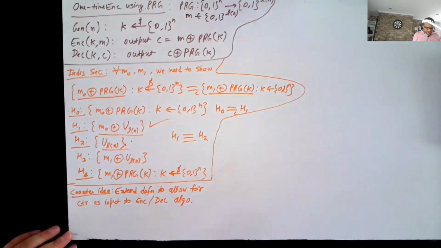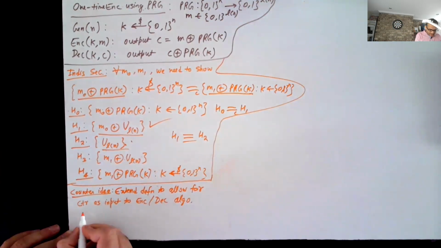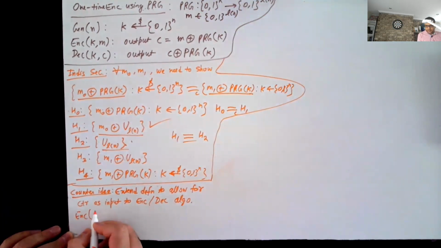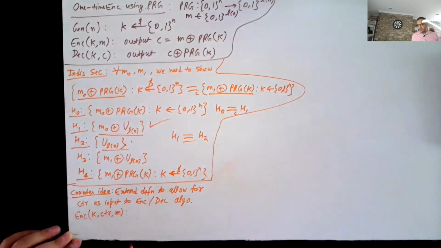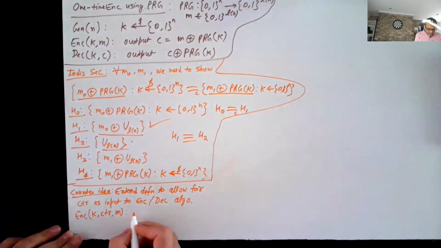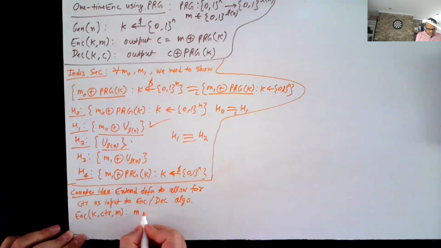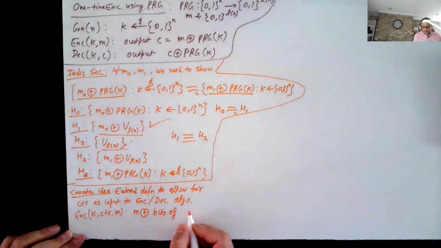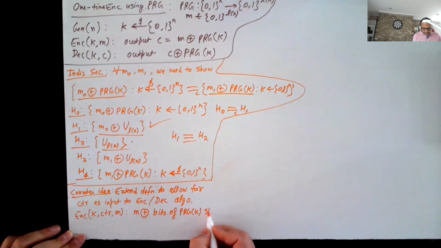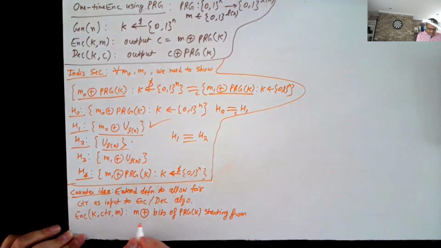And then basically what does our scheme look like? Key generation remains the same. Encryption takes as input the key, the counter CTR, and a message. Okay. And then you output M XOR bits of PRG of K starting from position CTR plus 1.